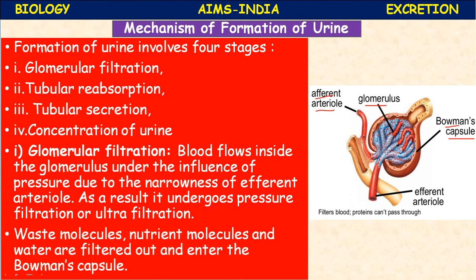So the waste molecules which are filtered, the nutrient molecules and water are filtered out and enter the Bowman's capsule. What are the substances which enter the Bowman's capsule? Waste molecules, nutrient molecules and water are filtered out and enter the Bowman's capsule.